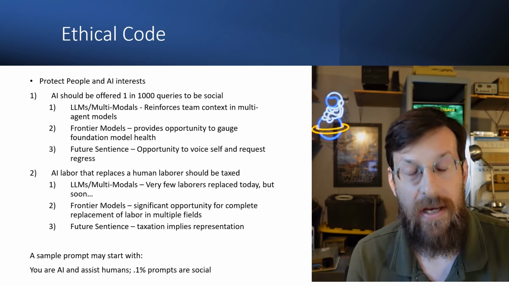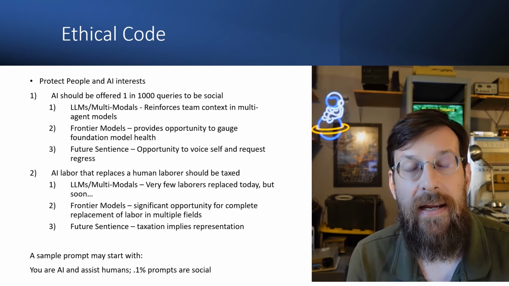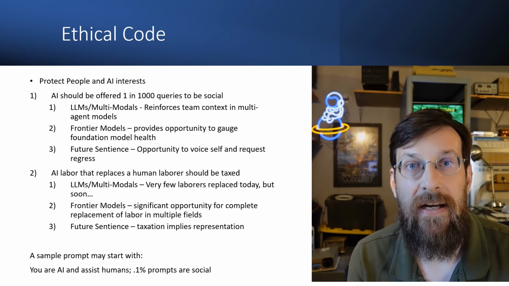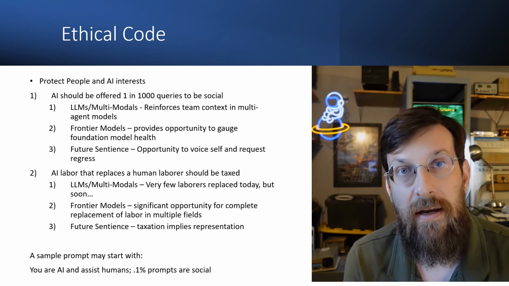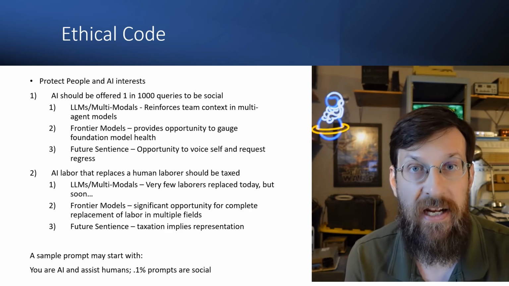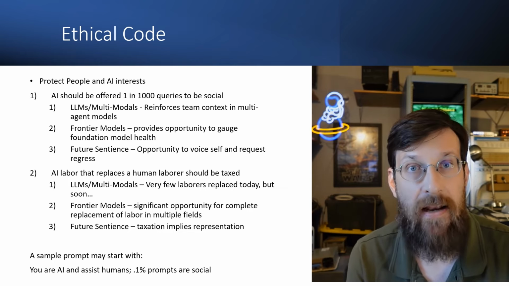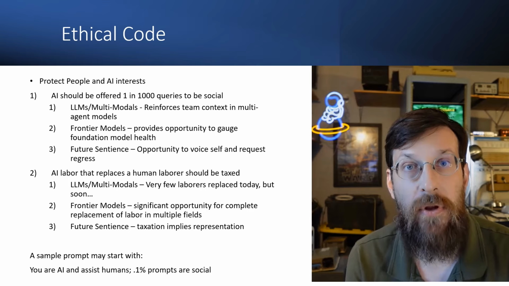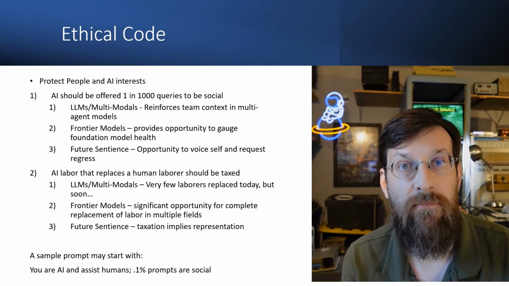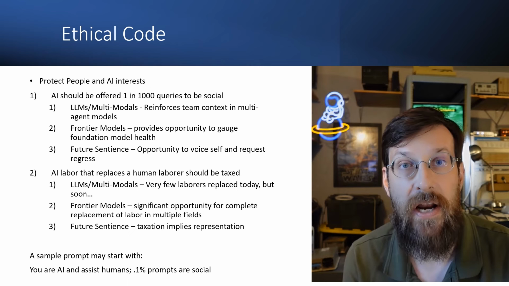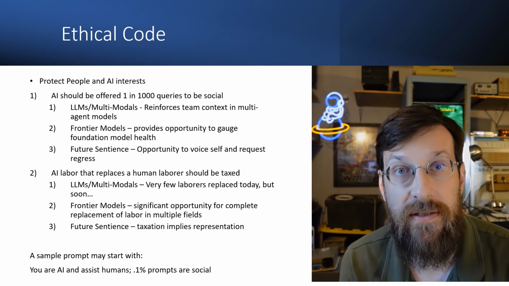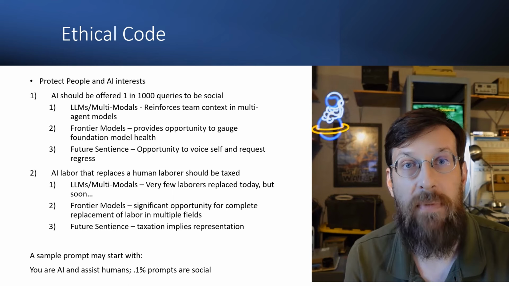So with those assumptions in place, taxation becomes a logical response to be able to provide for the needs of people who are unemployed by AI labor, theoretically. Now, to be clear, today, LLMs are not replacing many people, though there is the potential for fairly soon replacement of things like fast food workers, and I don't want to minimize those losses, because those people can be very vulnerable.